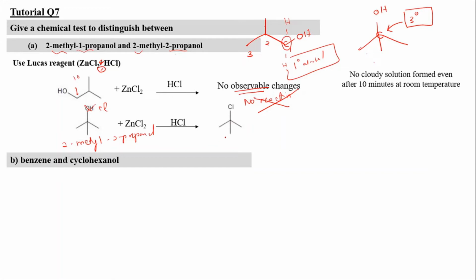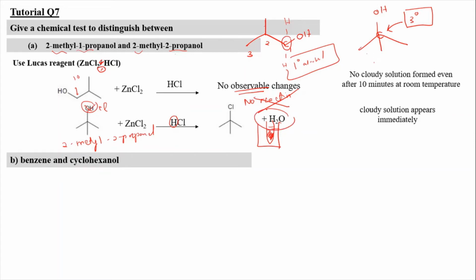This is the formation of the alkyl halide, and you are going to see two layers, one layer cloudy and one layer clear, as you have learned in the lecture and what you're going to see in the laboratory. So the cloudy solution is going to form immediately. And as the byproduct, the hydrogen attaches with OH, producing water.